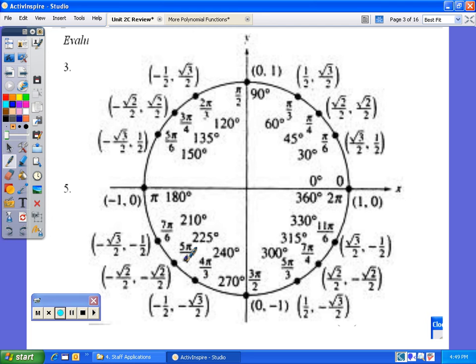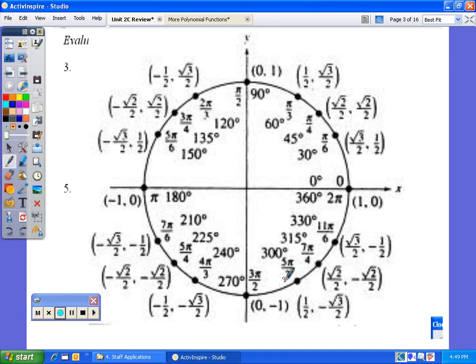So that's starting at 240. That's in the third quadrant. And then the last quadrant, there's no pattern really. Just remember that the last number is 11 pi over 6. And this is 5 pi over 3. So I don't know any funny, crazy ways to remember that.